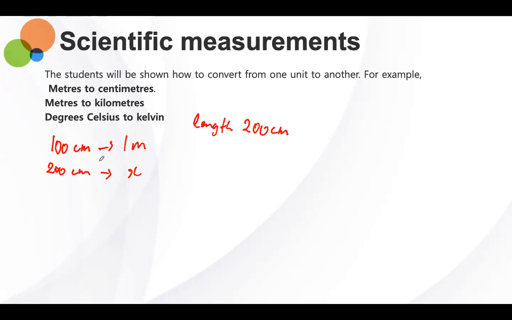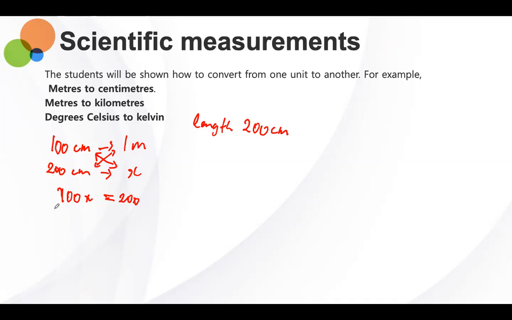The next step would be to cross multiply. So what would we have over this side? We would have 100 times X, and then this would be 200 times 1. Now, to find this value, we divide both sides by 100.